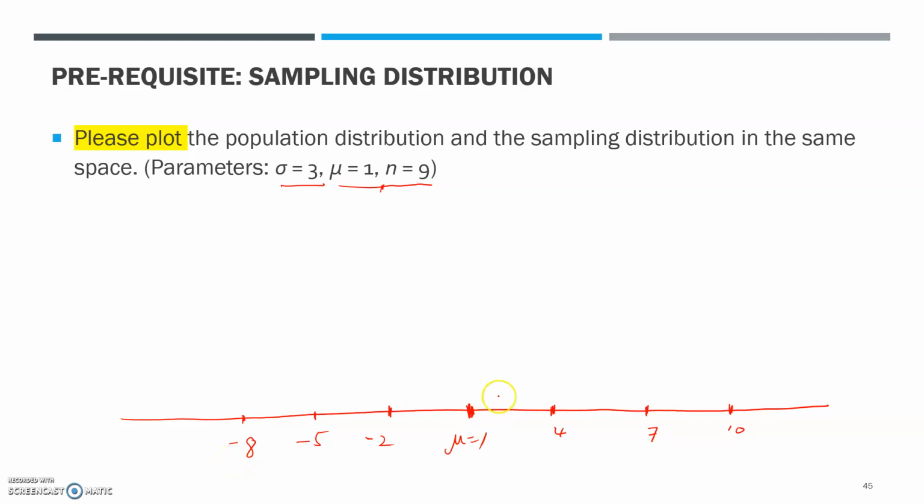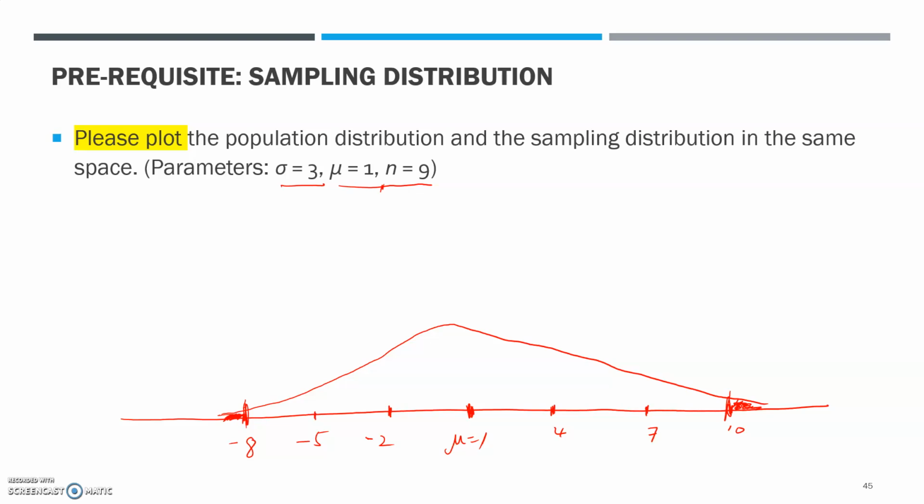Okay, so you see 9 here, 9 to the right, 9 to the left. So if you're plotting the population distribution, it's going to be something like this, so that you only have a very small percentage spread in the 2 ends. Less than 0.3% will be concentrated here.